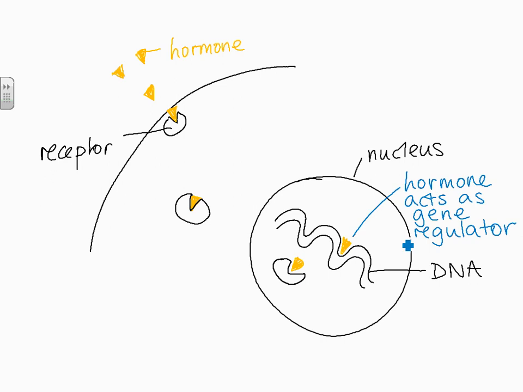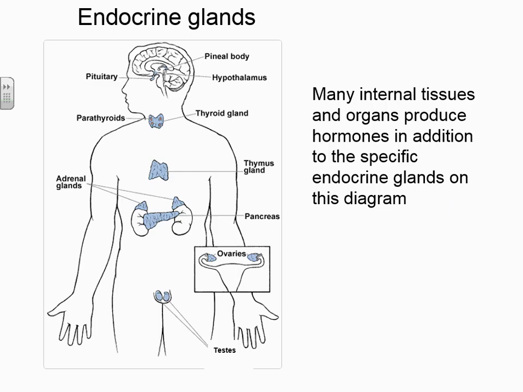I think there's 3 to go. Right, this is a map of where these endocrine glands are in the human body. And this is a selection, and like I said, there are a lot of structures in the body that actually produce hormones. We might refer to them as endocrine cells.